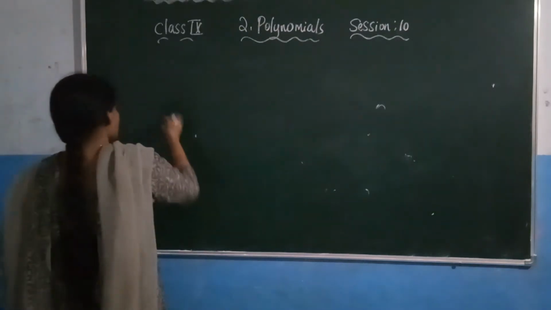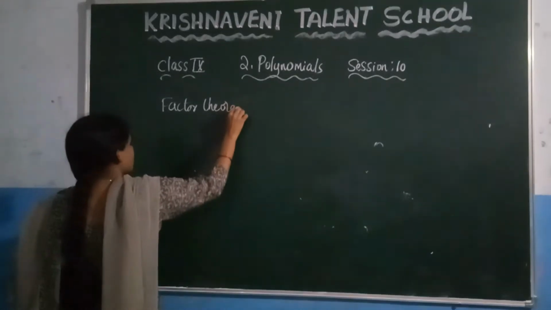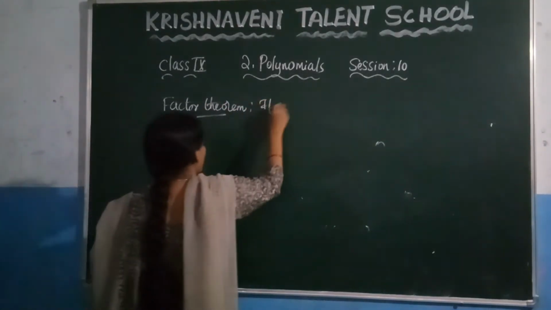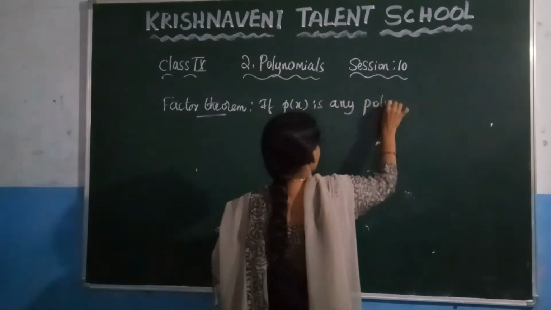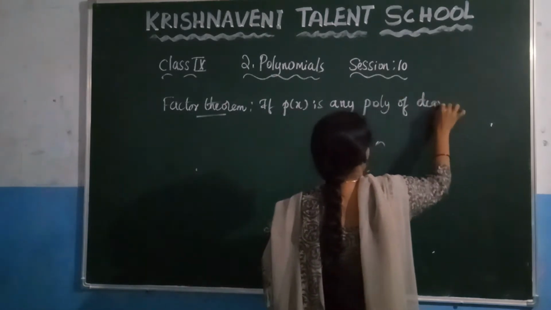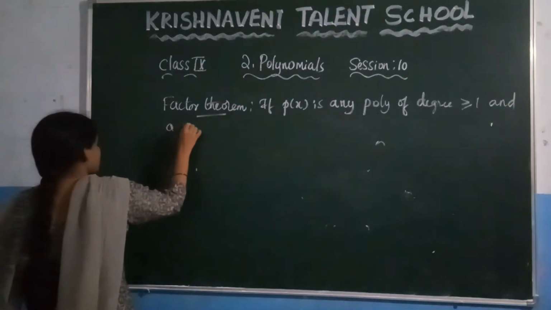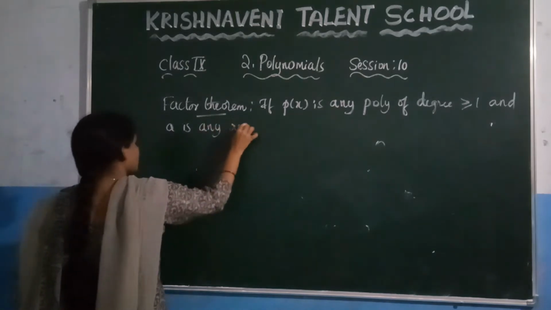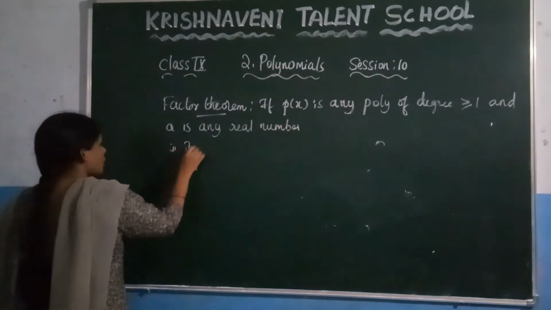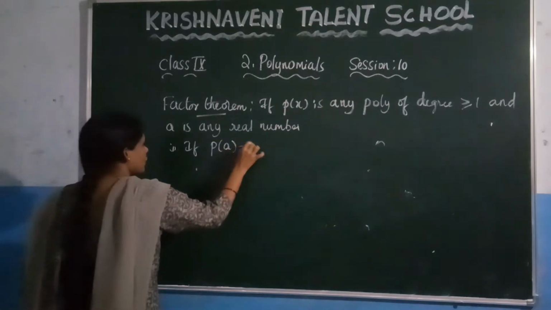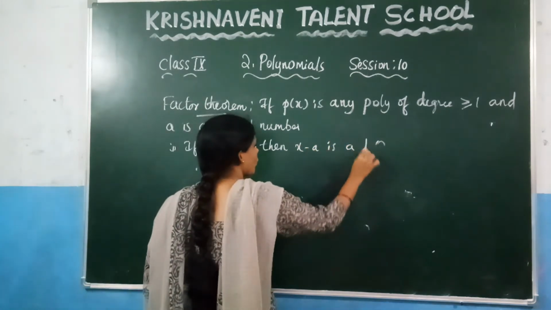So here, what the factor theorem says: if p of x is any polynomial of degree greater than or equal to 1 and a is any real number, then in the first case, if p of a is equal to 0, then x minus a is a factor of p of x.